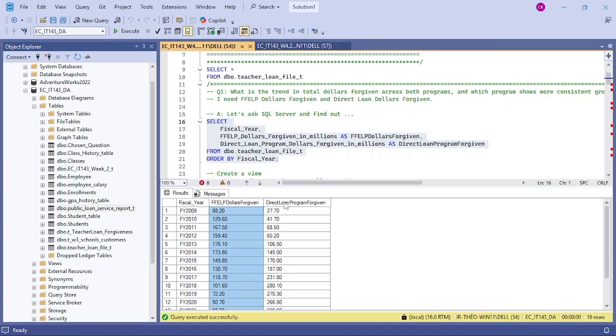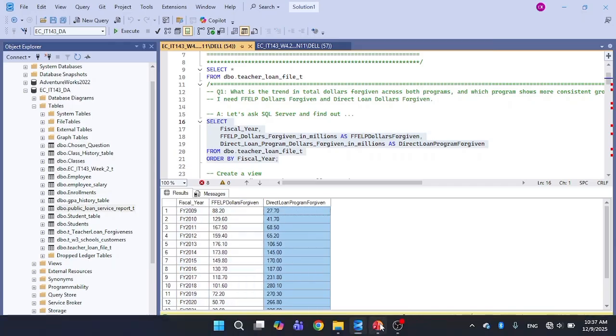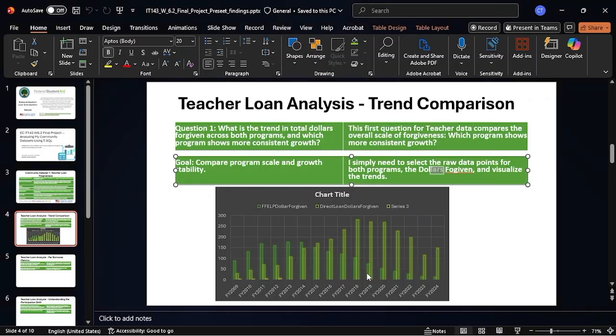Okay, this is the result, and from this result we see that the direct loans show strong, consistent upward growth in dollars forgiven, while the FFELP forgiveness peaked around 2014 and has been in sharp decline ever since.